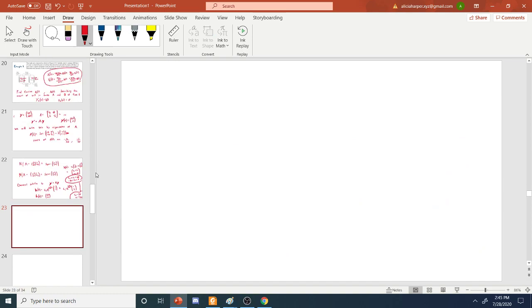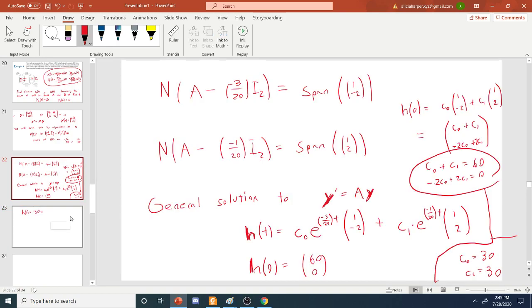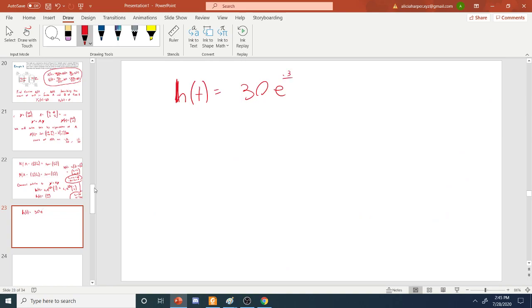And so, we find that h of t is equal to 30 times e to the negative 3 over 20 times t times the vector 1, negative 2, plus 30 times e to the negative 1 over 20 times t times the vector 1, 2 is the solution.